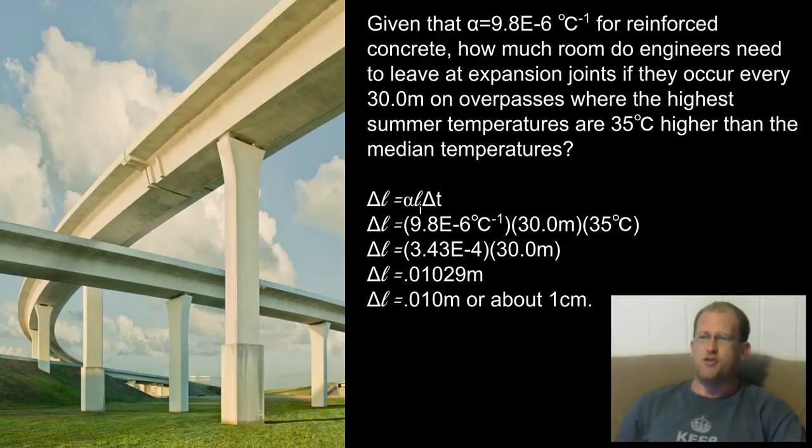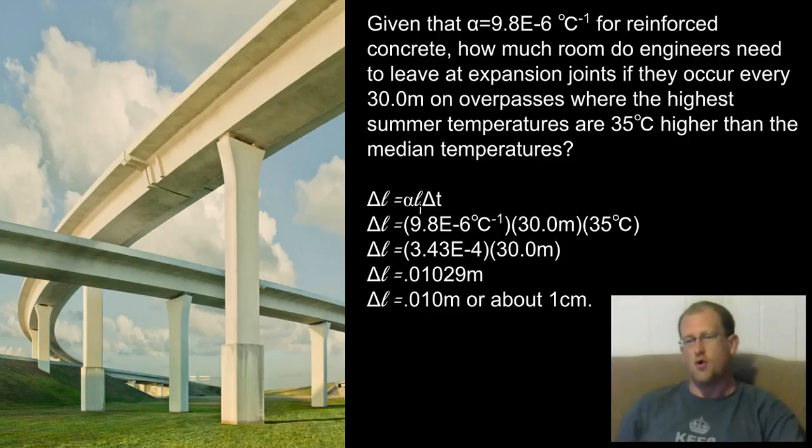How much room do engineers need to leave at expansion joints if they occur every 30.0 meters on an overpass, where the highest summer temperatures are 35 degrees centigrade higher than the median temperatures? This would be a massive temperature swing. Nowhere on the planet has a change from median temperature to highest recorded temperature of 35°C. But for the sake of the problem, I took a big number.